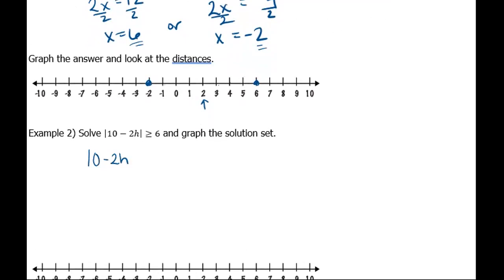Or I can just take each of them and write my disjunction in this case, because the distance is greater than or equal to 6. So that means I can have an or 10 minus 2h. Now remember, I'm going to switch the direction of my sign when I use the negative value. I'm going to choose to work this one by adding 2h to both sides. And I'll subtract 6.